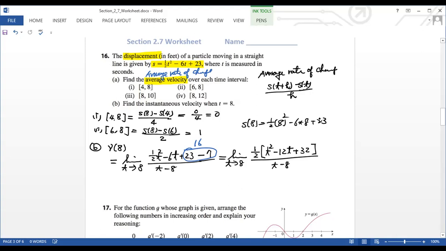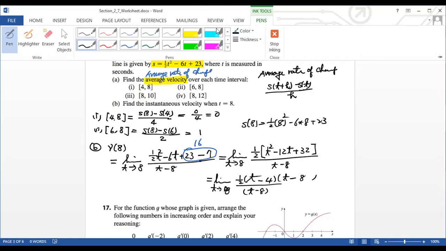Okay, so now I can factor this one. Hey, this one is pretty good. So it's t minus 8, and then this is t minus 4, then the 1/2. Okay, super. So that's it.